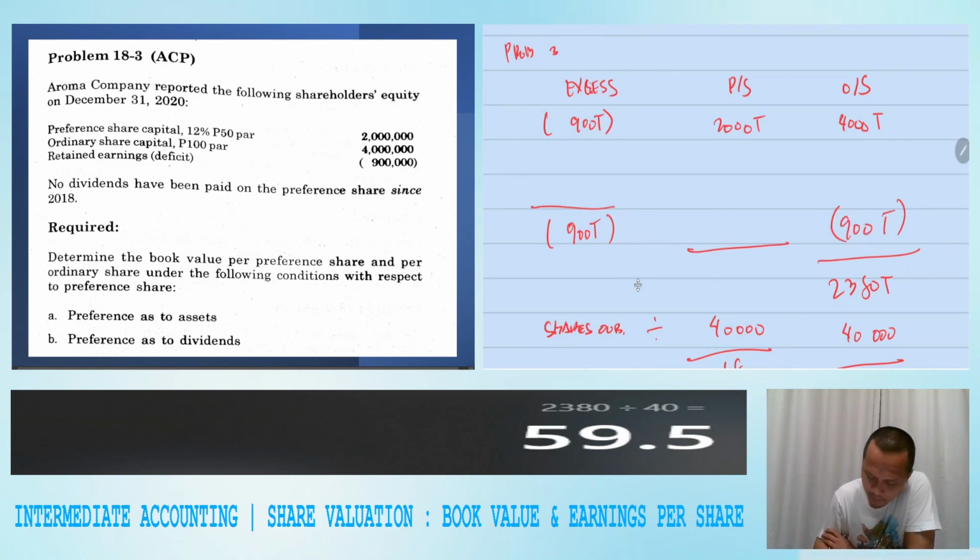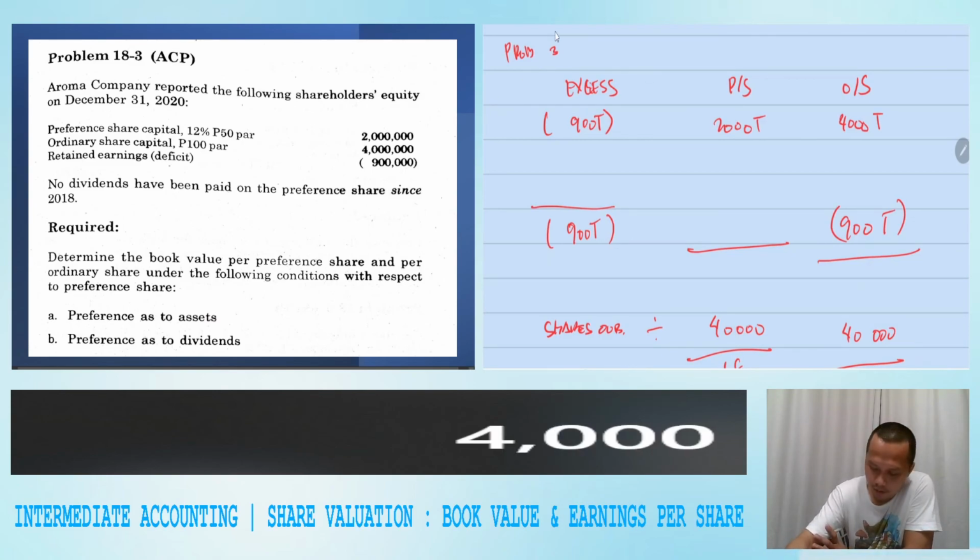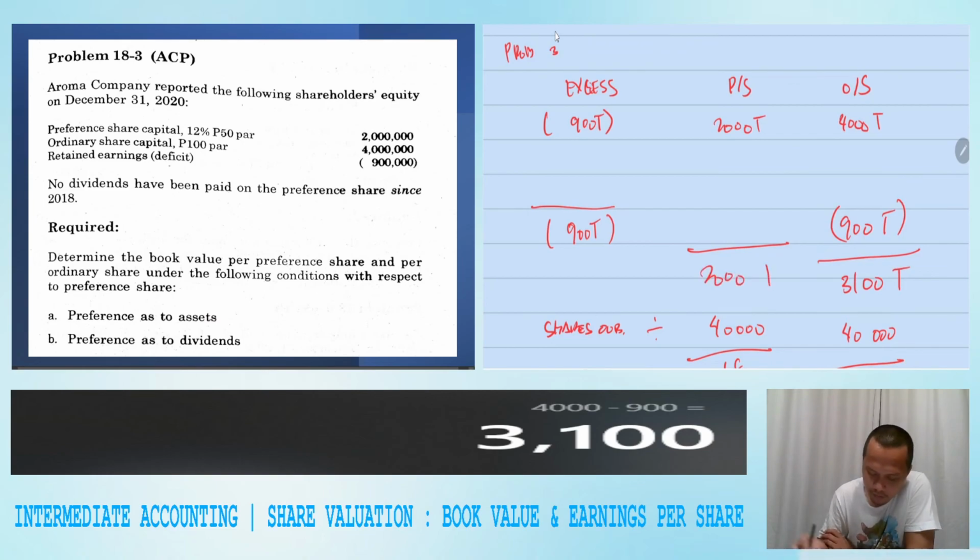So, that is 4 million minus 900, 3 million 100.